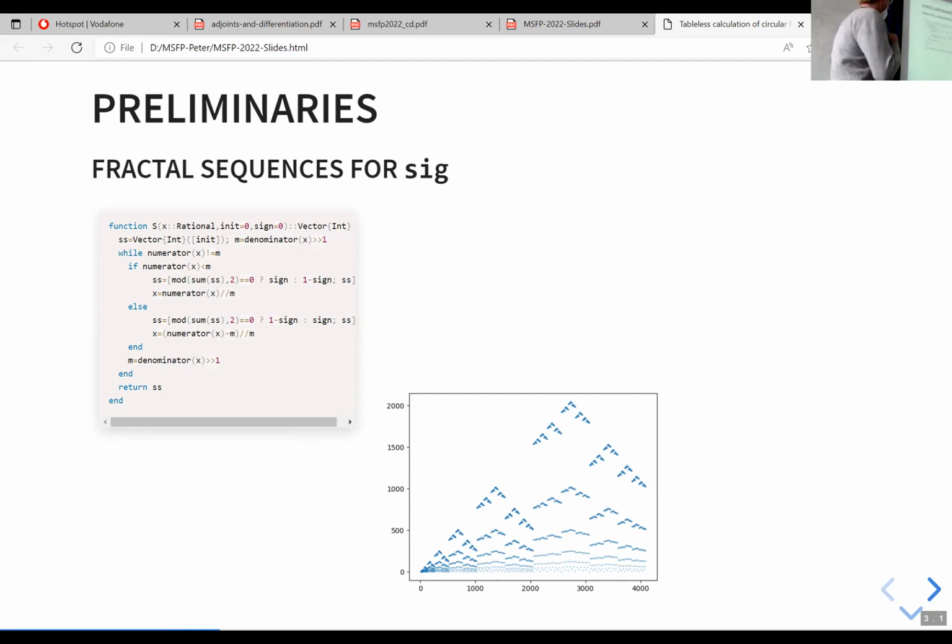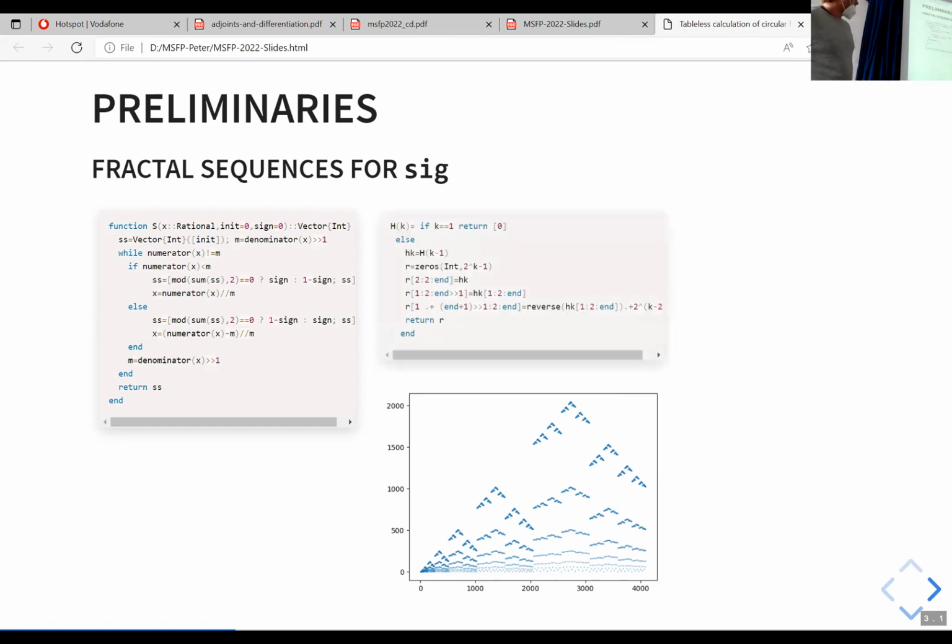We are maintaining an accumulator, called here S, which is extended by each iteration of this loop, and essentially it looks at the number of positive signs in the sequence, checks if it's odd or even, and depending on that, it generates a new sign.